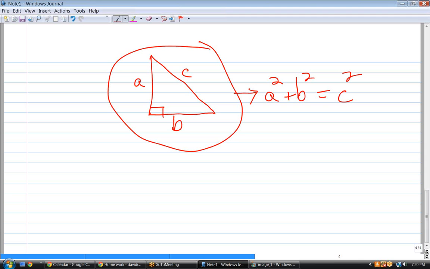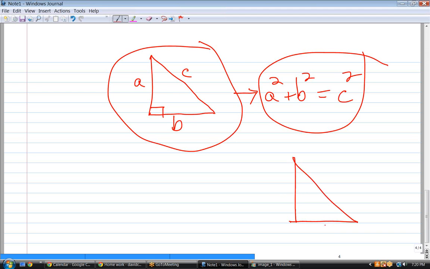Well, the reverse of that is also true. If this is true, it has to be a right triangle. In other words, if I give you a triangle that's 3, 4, 5, this must be a right angle. You cannot draw a 3, 4, 5 triangle without having a right angle opposite the 5 side.